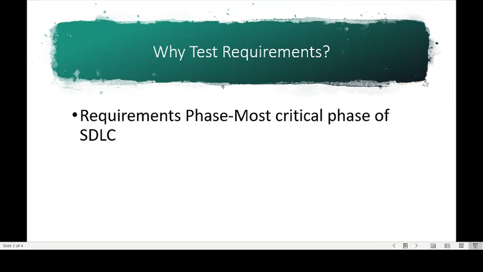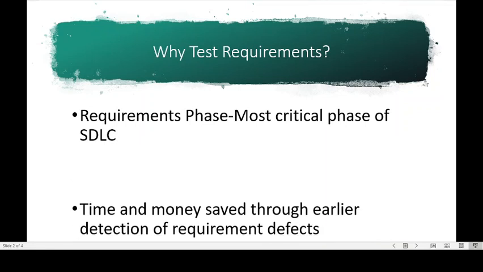Similarly, when building software, we should emphasize utmost on the requirements phase because this is the most critical phase of SDLC. Any missed or overlooked software requirement can affect the overall quality of the software like a house.